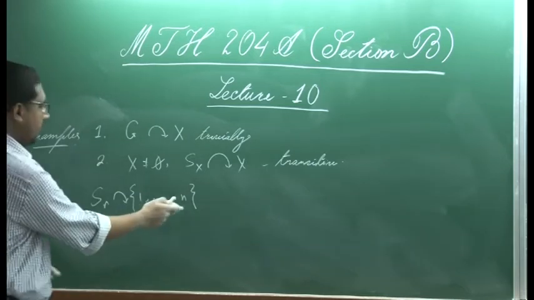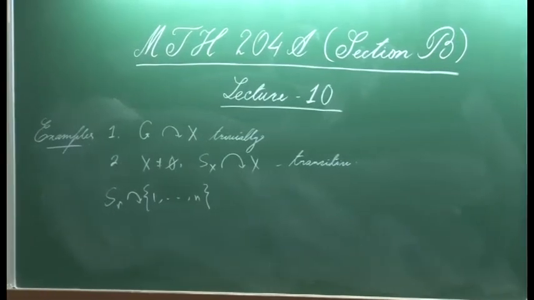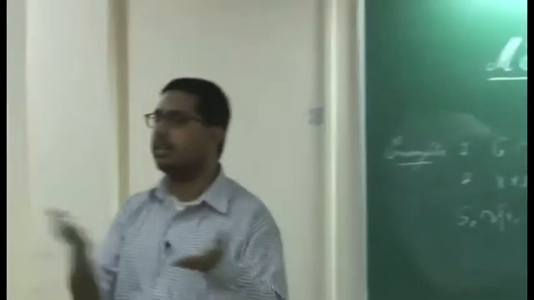So what is the stabilizer of n? That means all permutations that fix n. So all permutations of 1 up to n that fix n, that subgroup is naturally isomorphic to S n minus 1.